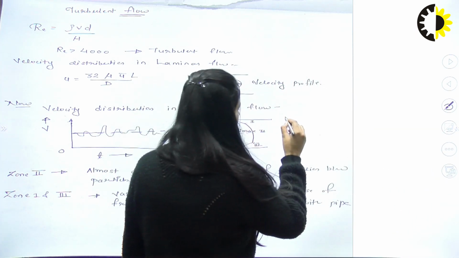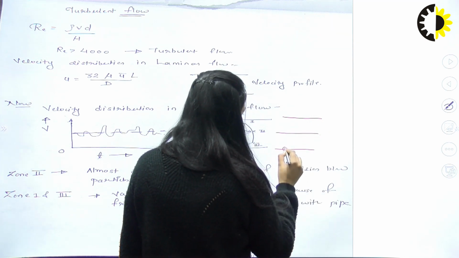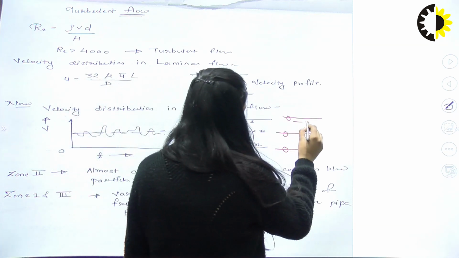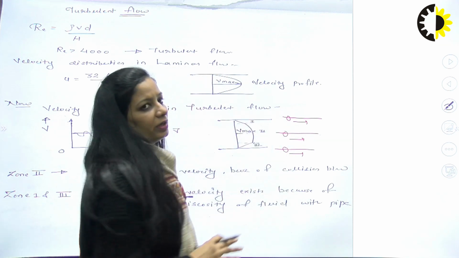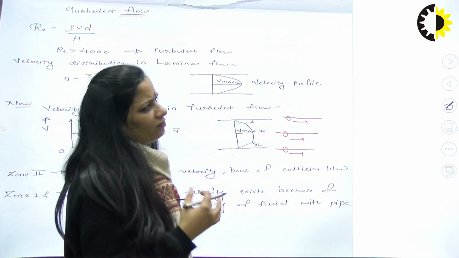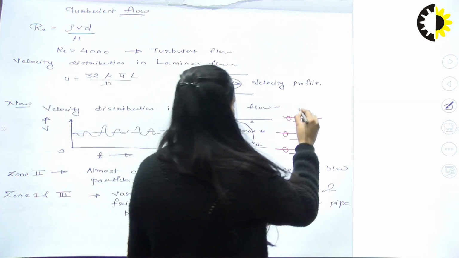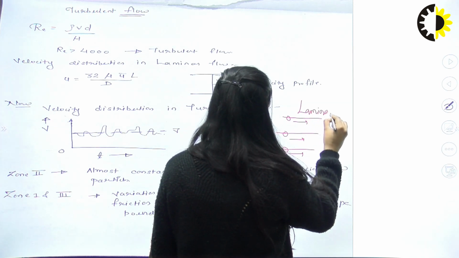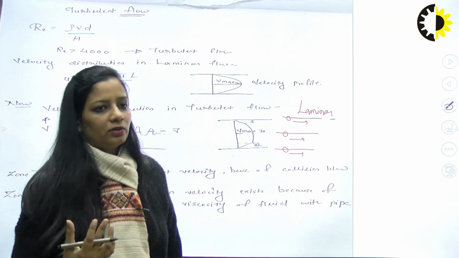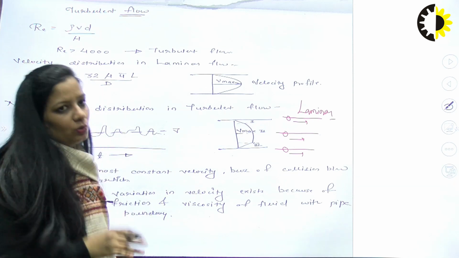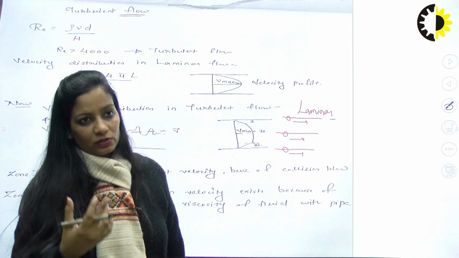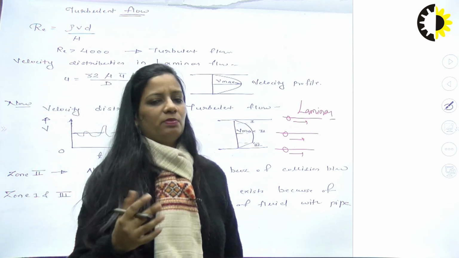So simply, what do we know about laminar flow? Laminar flow is this: if particles in a flowing fluid travel in a defined stream flow and do not cross the paths of each other, then we say that kind of flow is laminar. Also, for a flow to be laminar, two things must be considered: the velocity should be very low, and the viscosity of the flowing fluid must be very high.